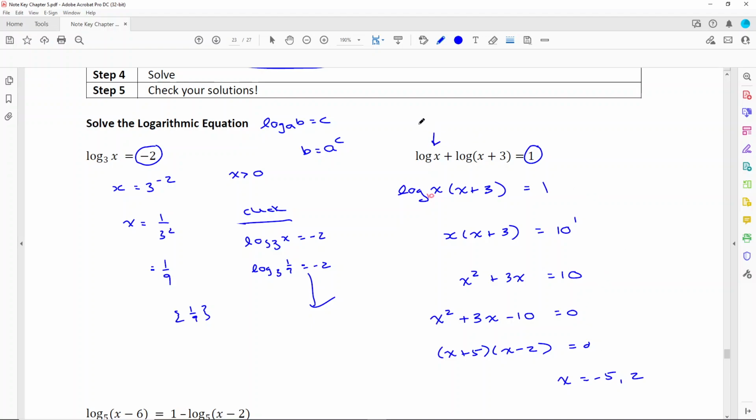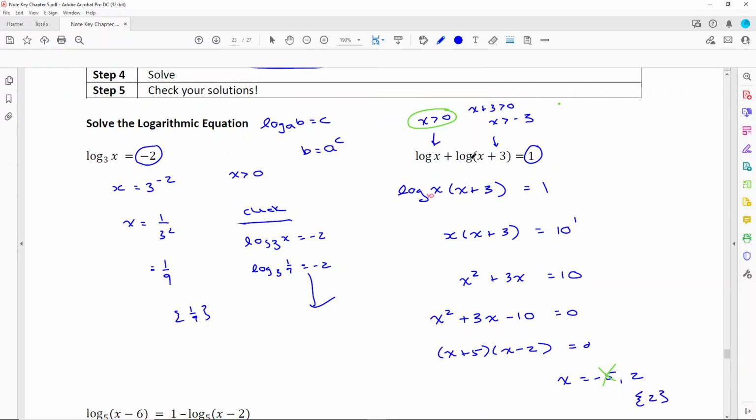My restriction here is that x has to be greater than 0. My restriction here is that x plus 3 has to be greater than 0, which means that x has to be greater than negative 3. Out of those two, the most restrictive is that x has to be a value greater than 0. So because of that, I'm going to reject negative 5, and I'm going to say that the only solution is 2.